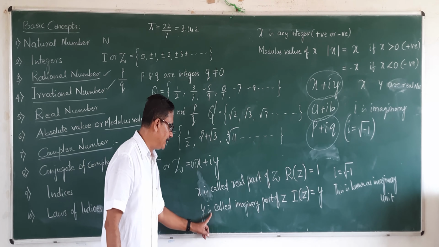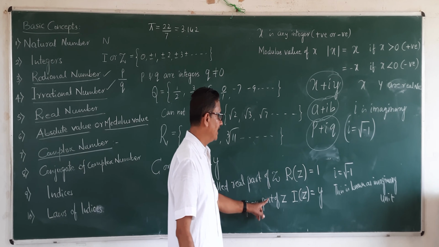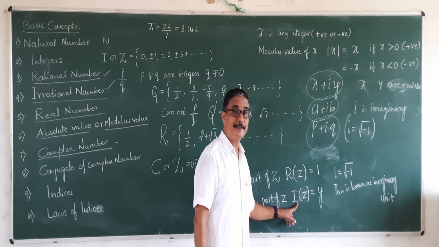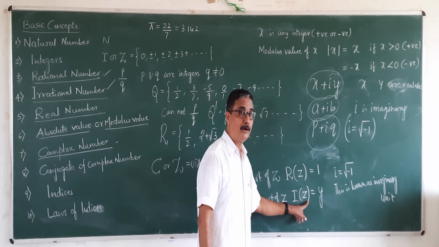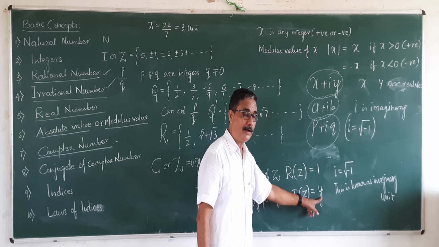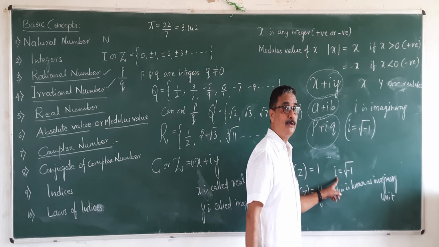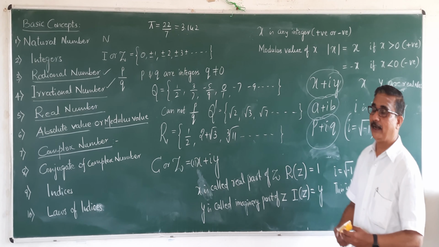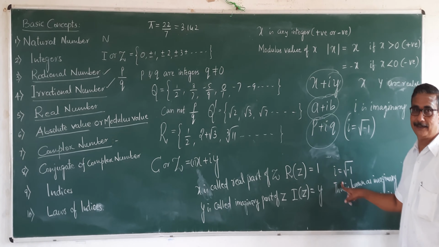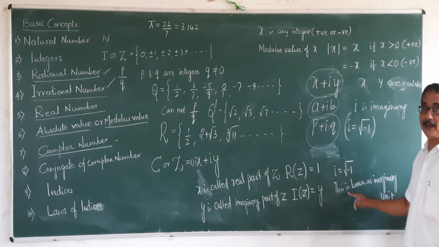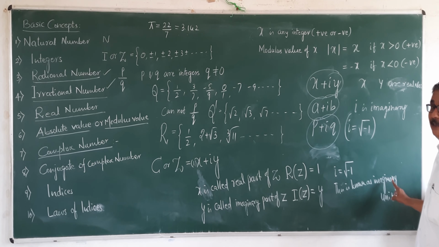So y is called imaginary part of z and it is denoted by I of z is equal to y. Okay, and the value of i is equal to under root of -1. This is known as imaginary unit.